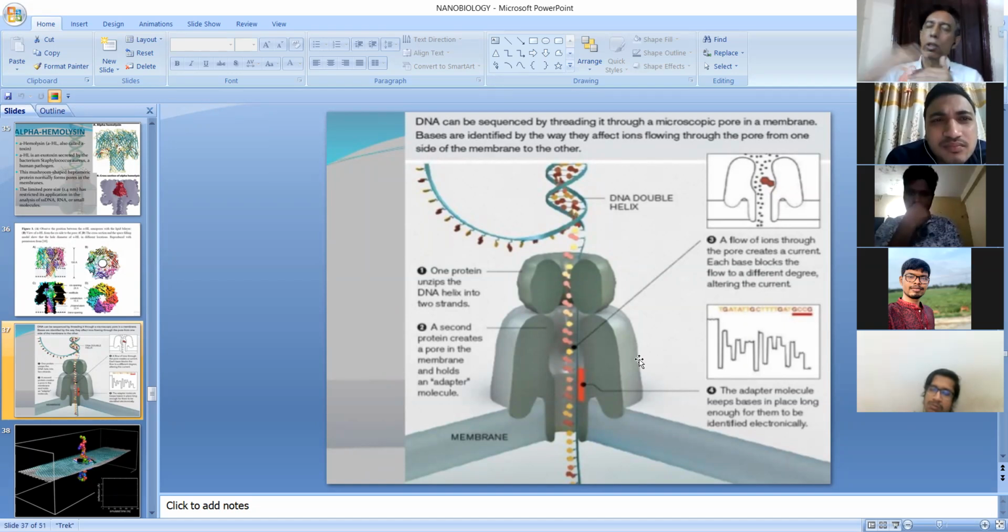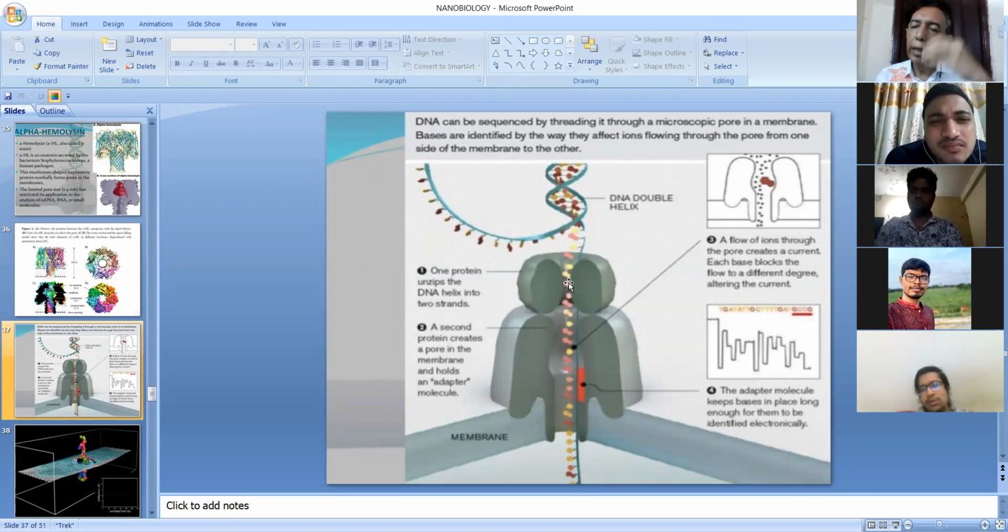Now, next is guanine. DNA has four types of bases. First adenine, then say for example it is guanine. When guanine enters into the pore, the current faces a different type of obstacle because adenine and guanine are different compounds.